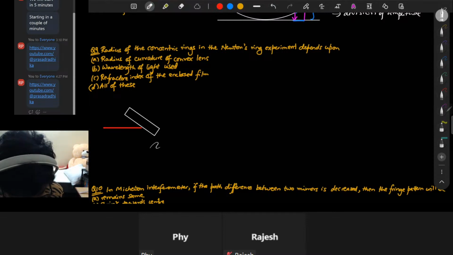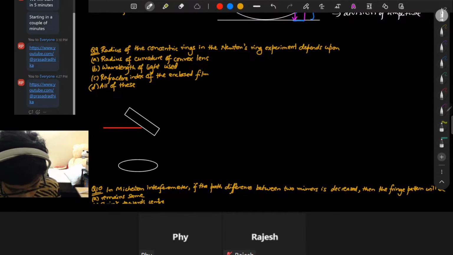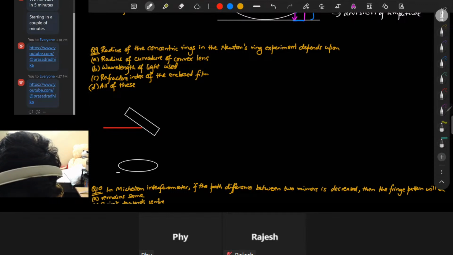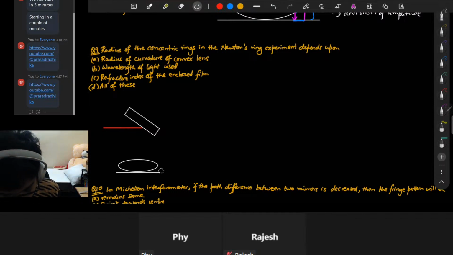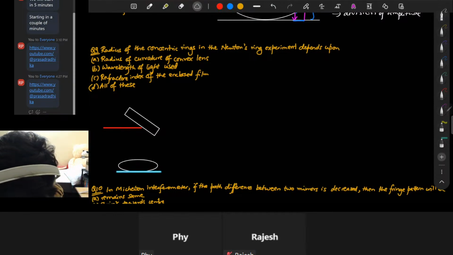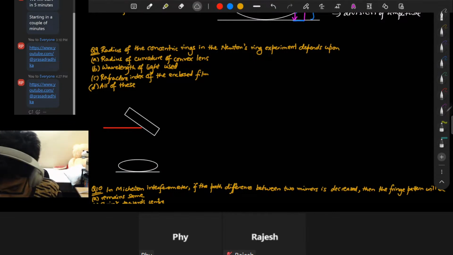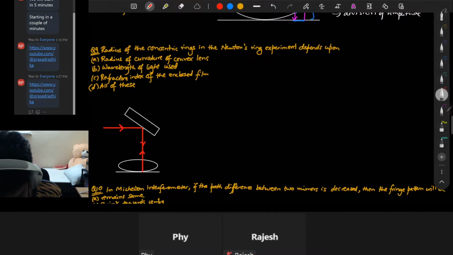Then you have a convex lens, and there is one optically flat surface on which the convex lens is kept. And the ray goes through this convex lens and then comes back and then goes to the detector.